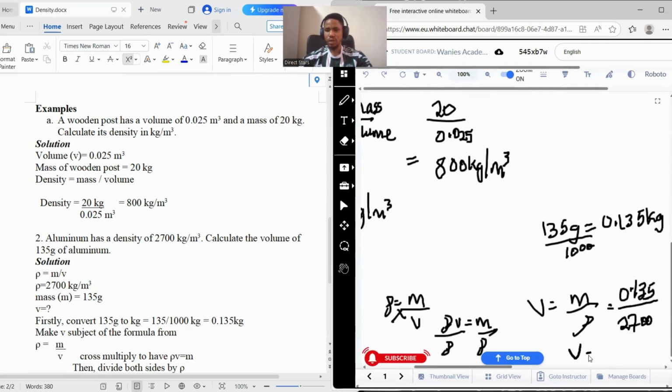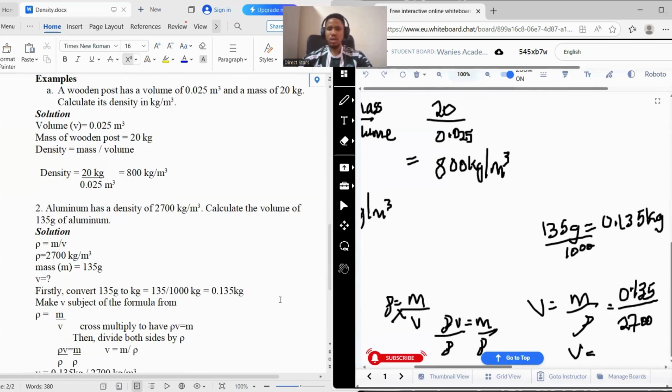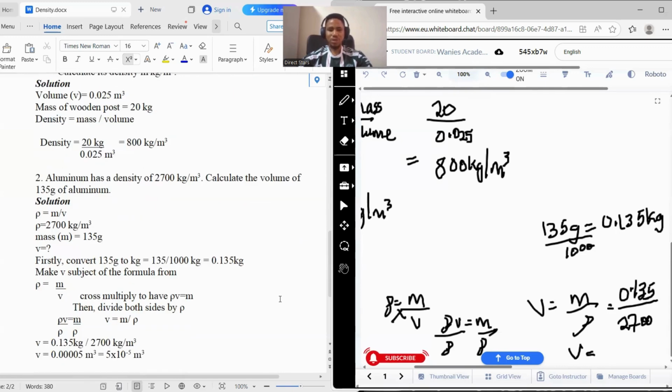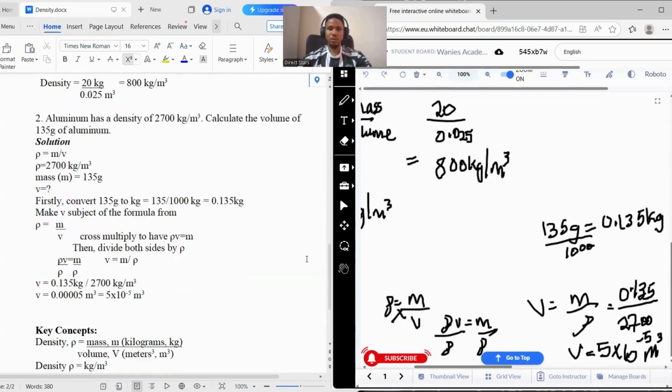So V equals, what is 0.135 divided by 2,700? That gives us 5 times 10 raised to the power of minus 5. And recall that volume has the unit of meter cube.